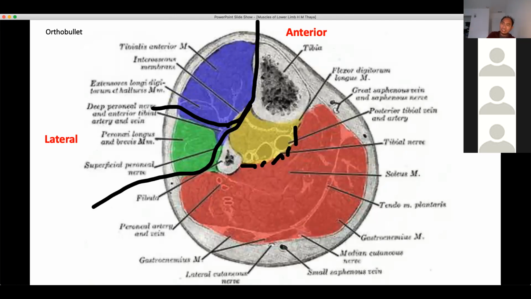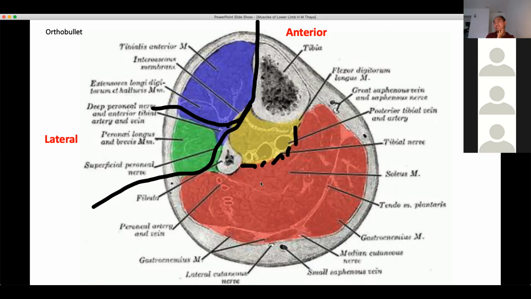This is the right leg, and this is the lateral, this is the medial, this is anterior, and this is posterior. And you can see the tibia, and this is the anterior surface of the tibia, which you can easily feel, which is just subcutaneous bone, just underneath the skin. I hope you have the orientation.